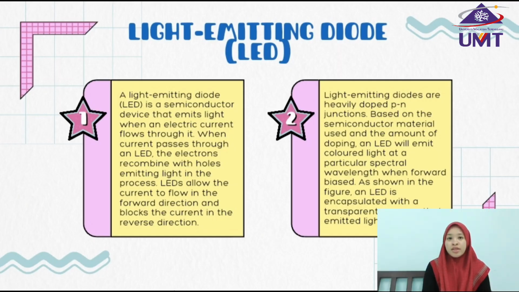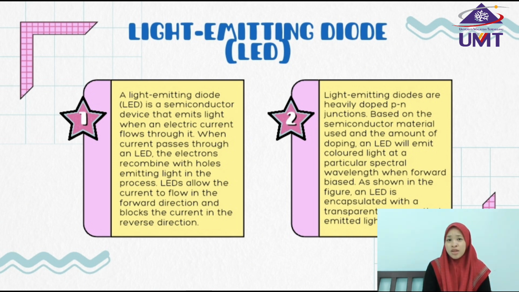What is an LED? A light emitting diode, LED, is a semiconductor device that emits light when an electric current flows through it. When current passes through an LED, the electrons recombine with holes, emitting light in the process. LEDs allow the current to flow in the forward direction and block the current in the reverse direction.